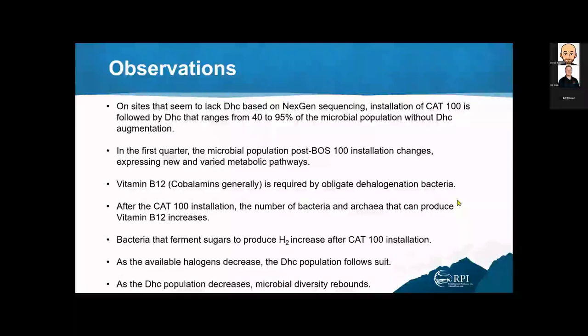Another one here pertains to geology. Are there geologic conditions such as low pH, salinity, or high clay content that could affect the efficacy of the Cat 100 or the robustness of the population of microbes? Yeah, it's hard to say no to a question like that because the geological variables can range so greatly.